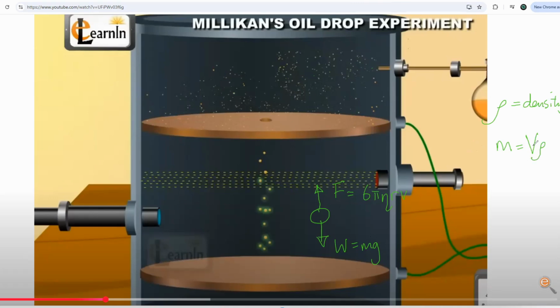So if you can measure v, and you know the density, can you see that we end up with two different relationships, two different forces, which both depend on the radius, because the volume is of course 4/3 pi r cubed times the density. So this one depends on the radius, and this one depends on the radius differently.